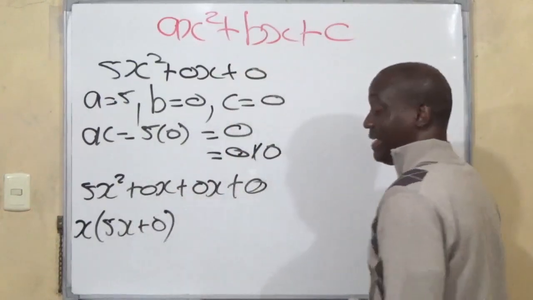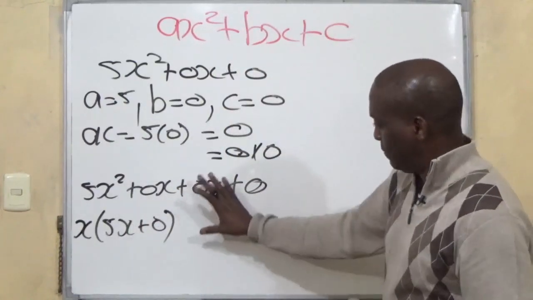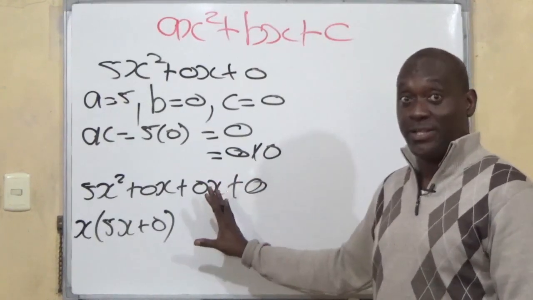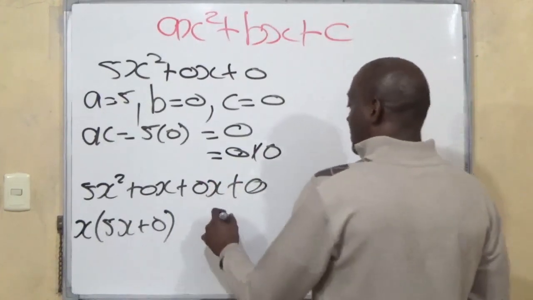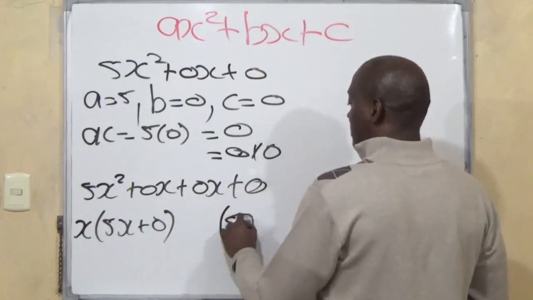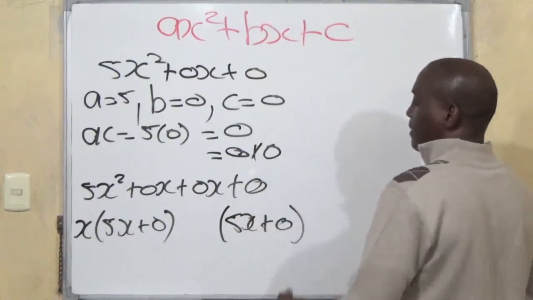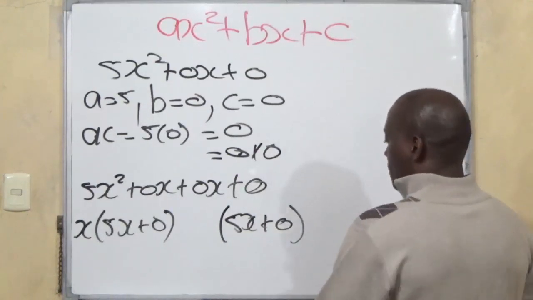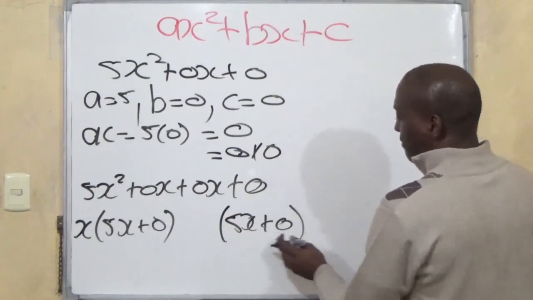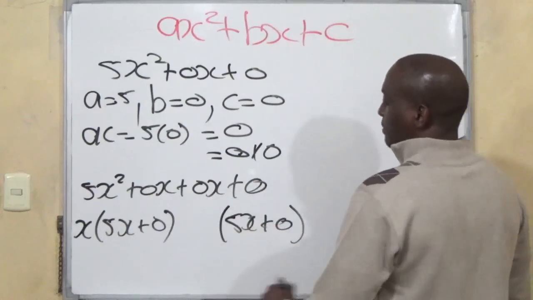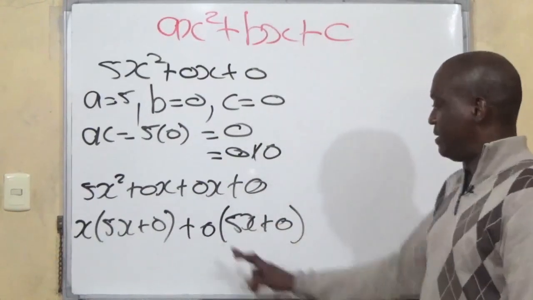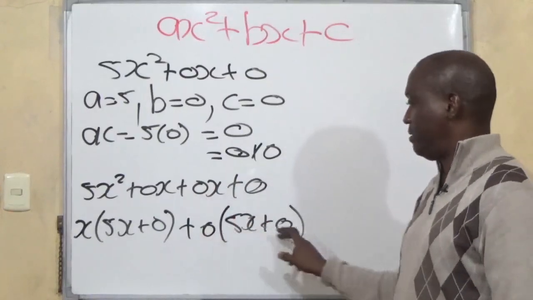And remember we had said in the last video, we aren't really sure what to do here. So here is what we do. We start by putting the same 5x plus 0 here, because that's the only way we could proceed with the factorization, right? And what multiplied by 5x plus 0 will give you 0x plus 0? Well, guess what? 0. 0 by 5x is 0x. 0 by 0 is 0.